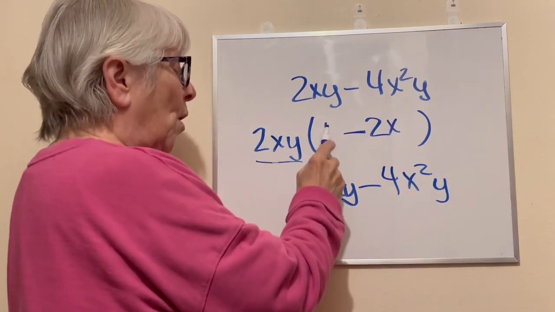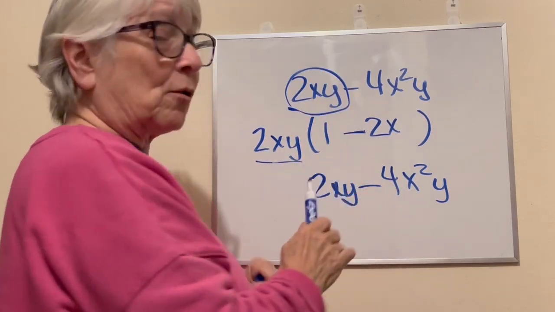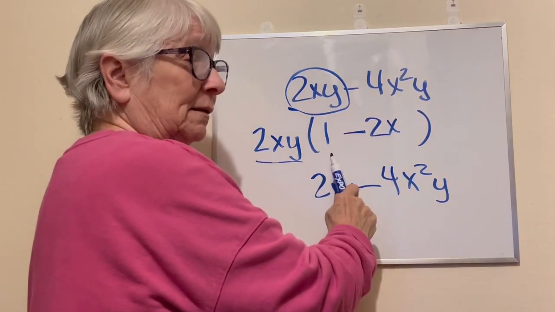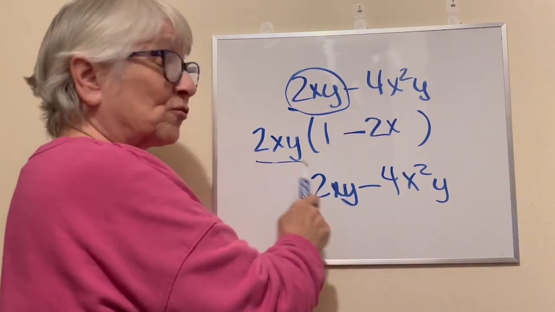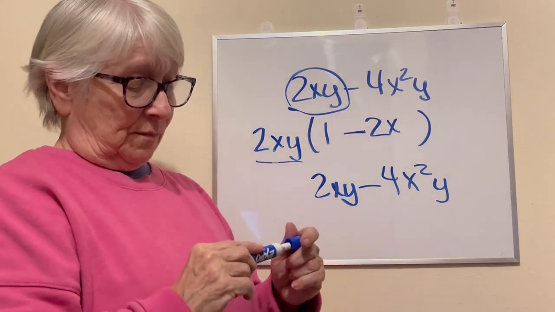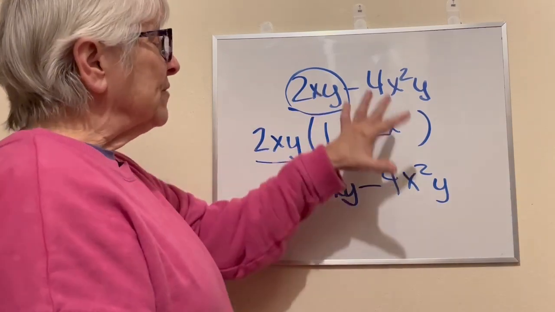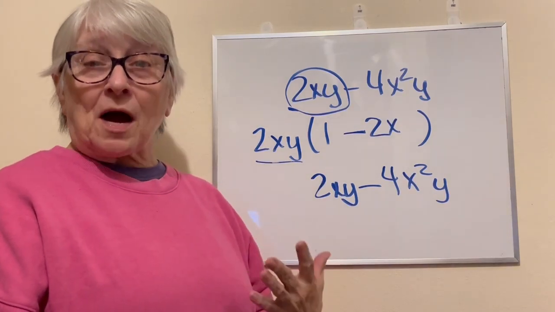But if I don't put that 1 there, I won't get this back. I can't just throw it out. When you're adding or subtracting, as you are here, 1 minus this, you have to write the 1. You can't throw it out the window. So that's a brief glance here at simply factoring the greatest common factor.